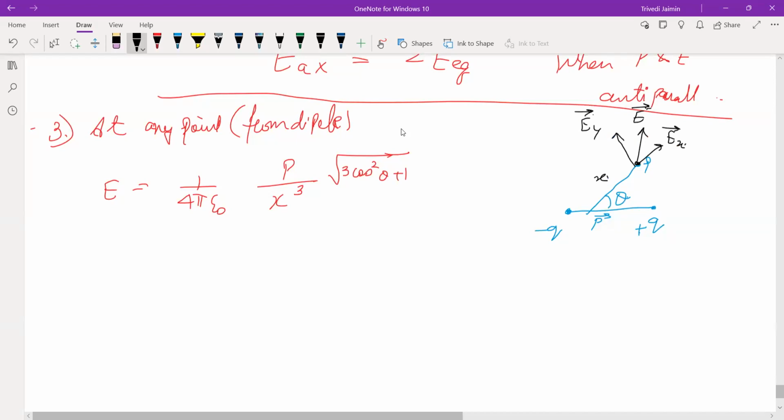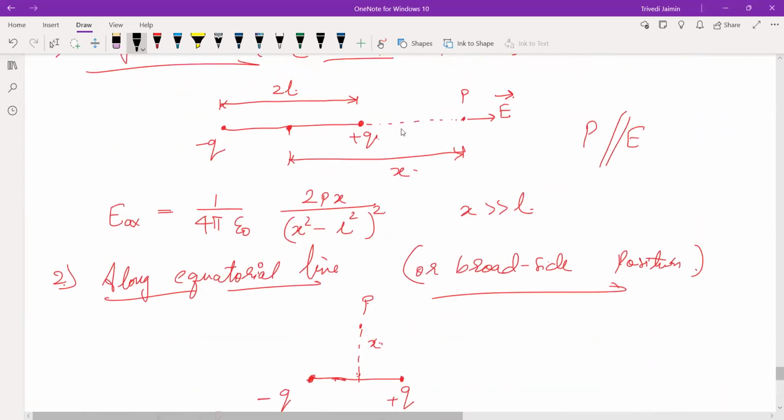Again, this distance is x only. So this resultant angle is beta, and tan beta equals 1 by 2 tan theta. At any point, it varies inversely as the cube of the distance.